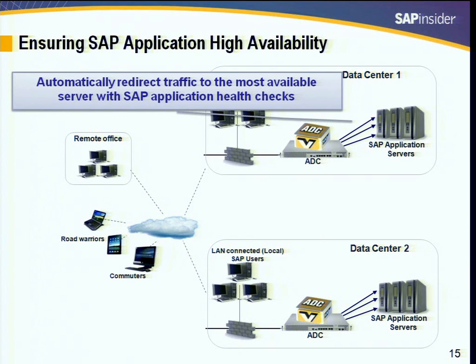Based on those criteria, you can route user requests, or you can just do a round robin: the first one goes to the first instance, the second one goes to the second, and so on. There are a variety of these configuration options, click and choose pretty much, available on these devices to do local server load balancing. That's one way of providing availability.